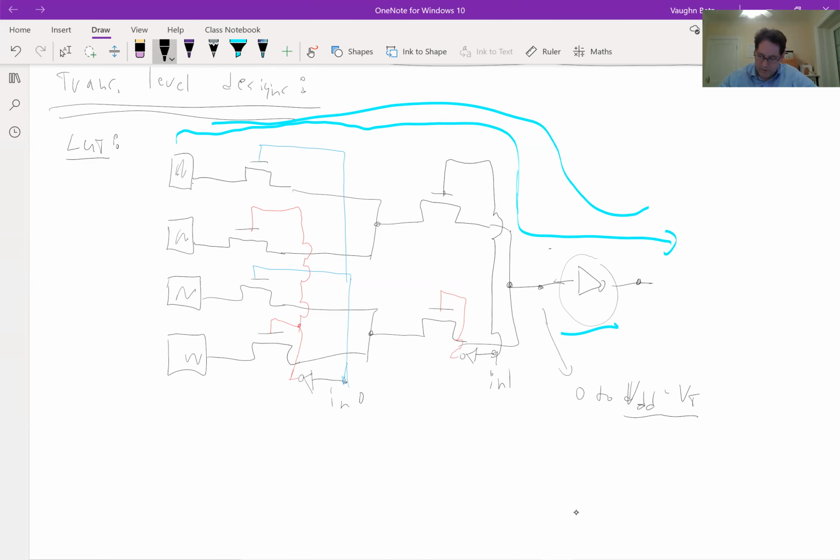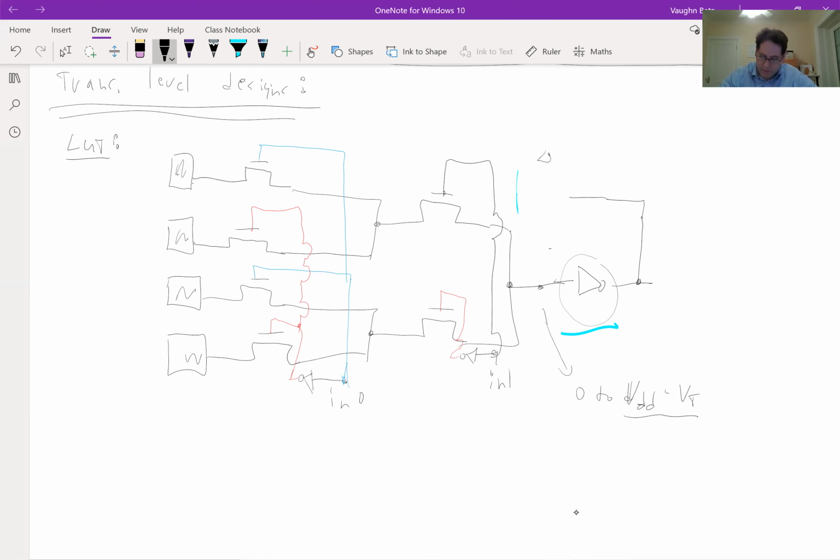So we don't want to do that. The way I fix it, I'm going to erase a couple of these lines. The way I fix it is with the level restorer. A level restorer is just a weak transistor. So we intentionally want to make this one not very strong, and it basically can pull up a signal. When we put a logic 1 here, this goes to VDD minus VT at this node.